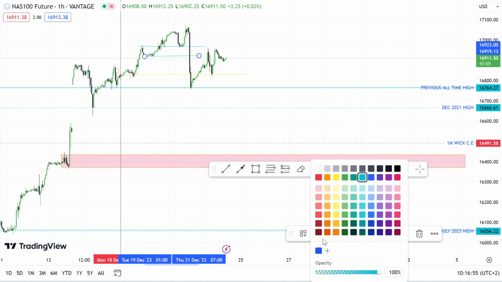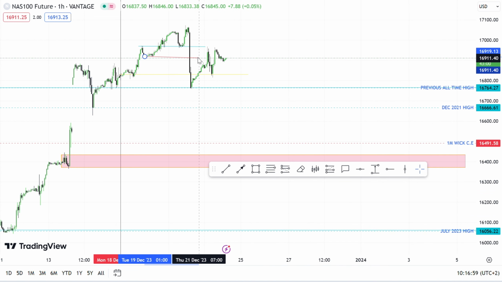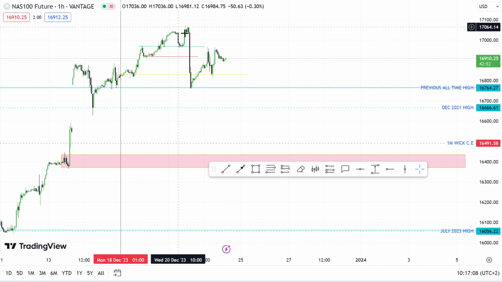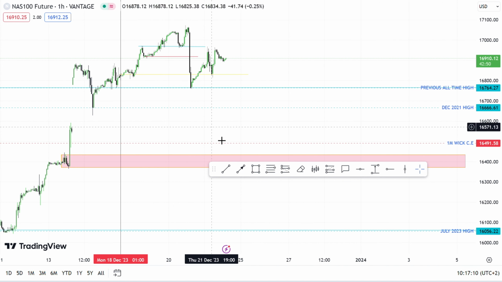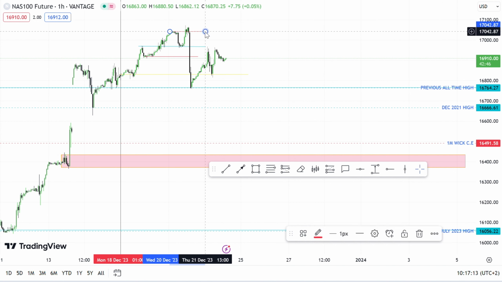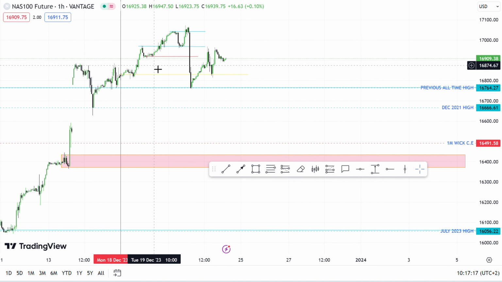So after the market has taken liquidity above here, boom, liquidity taken, it takes liquidity again right here. Let's mark that with blue. But the main focus is for us to take out this low.